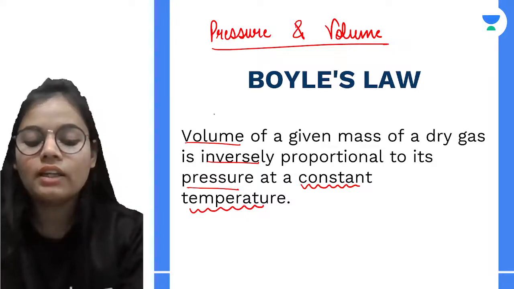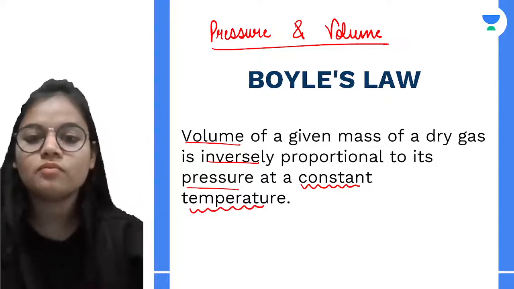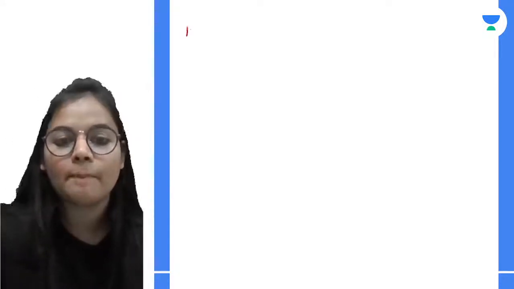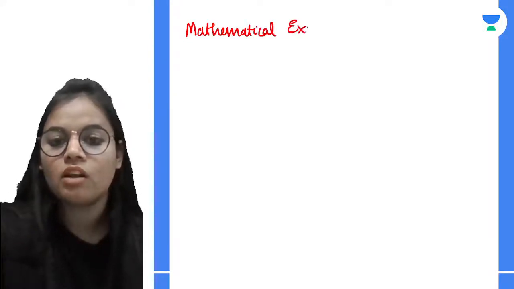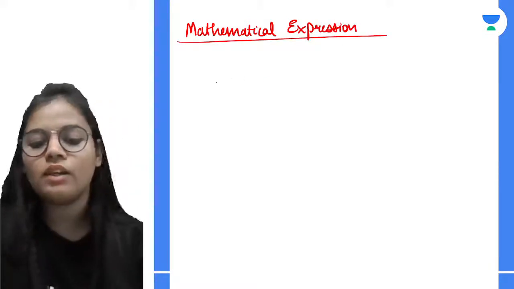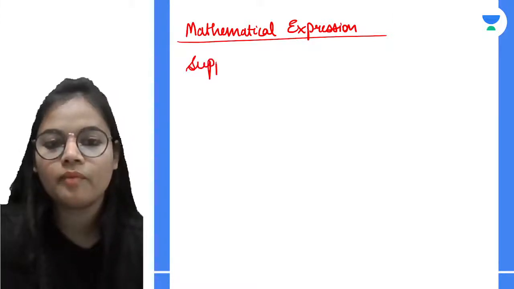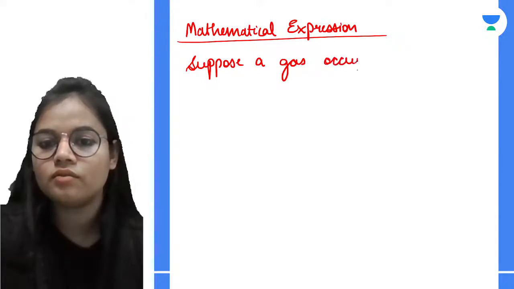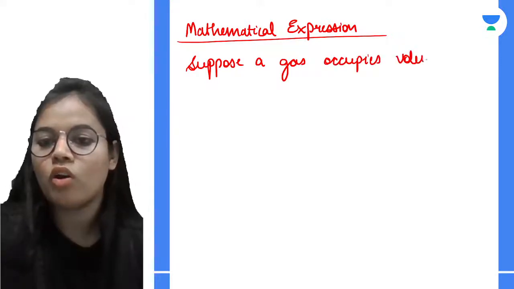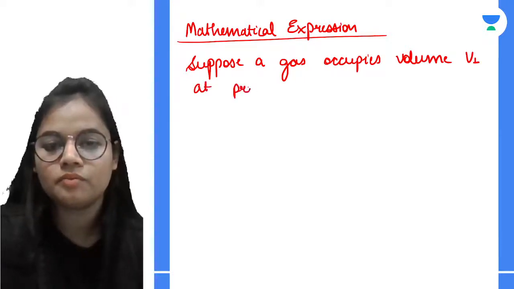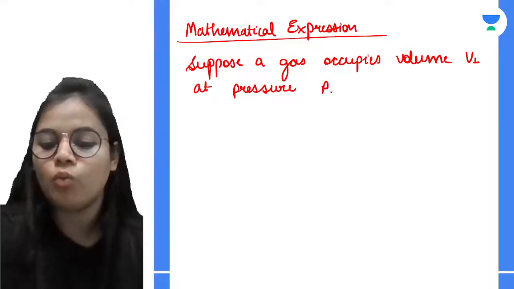All right, now let us derive the equation or mathematical expression. Now let's suppose that we are having a gas which occupies volume V1 at pressure P1.